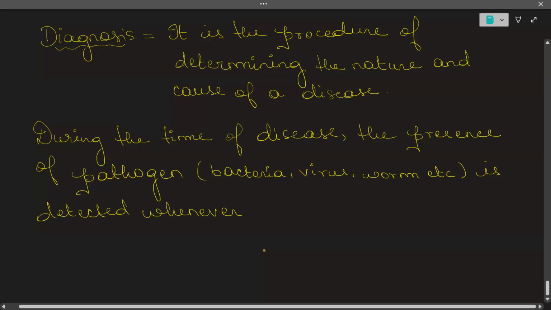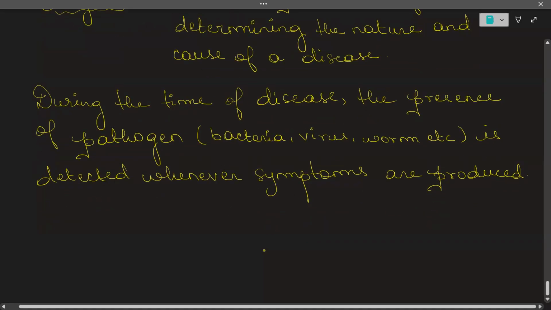whenever symptoms are produced. Meaning if the symptoms are produced, it means that during this period of time, the pathogen has multiplied a lot in the body, isn't it? Then only the symptoms are being shown, then only you are affected by it, right?